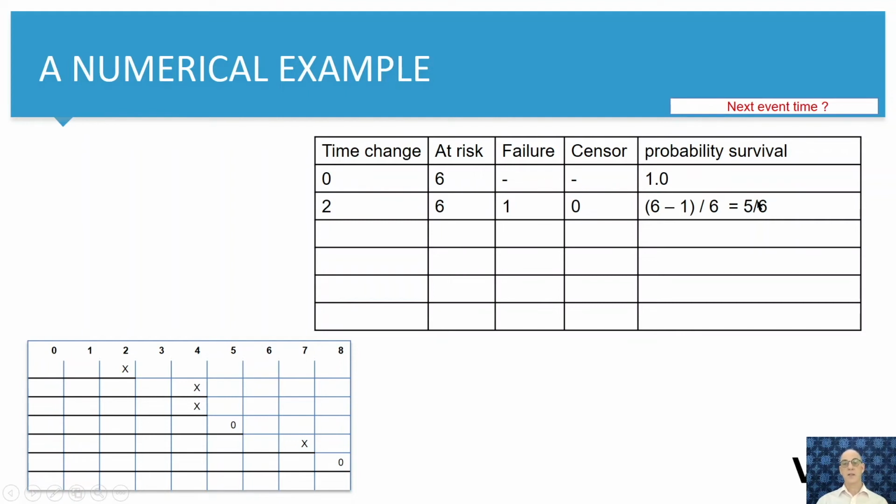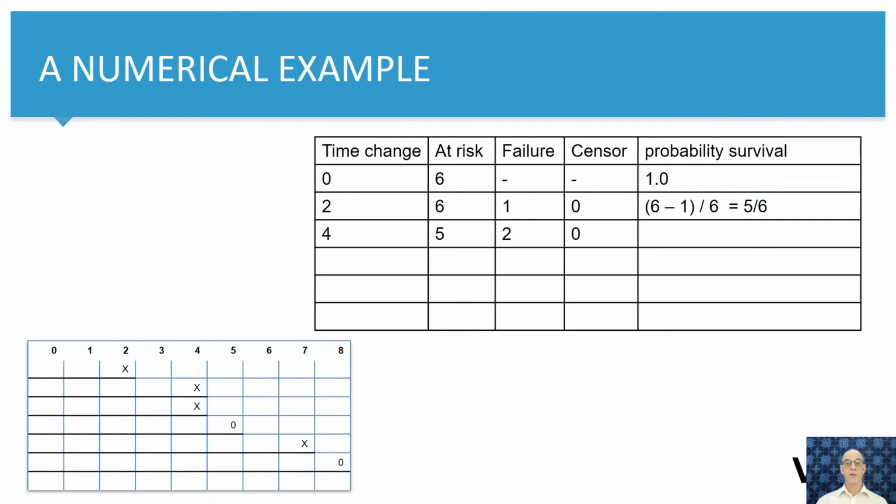From then we go to the next event. When does that occur? It actually occurs here at period 4. How many people were then at risk at period 4? Well, that will be 5. Because I have only 5 persons left in my study that do not have the event. This person that failed in the previous period is now not at risk anymore for the event, because that person already had the event.